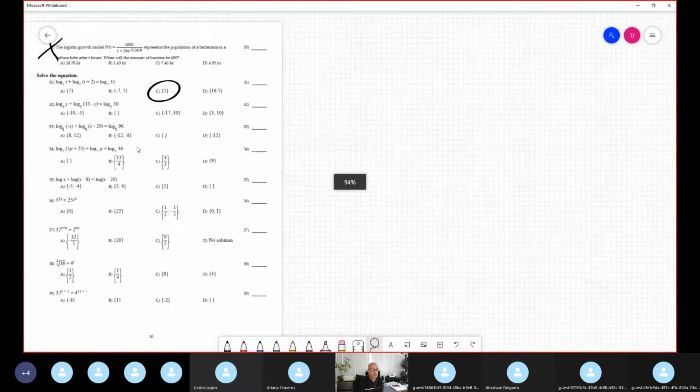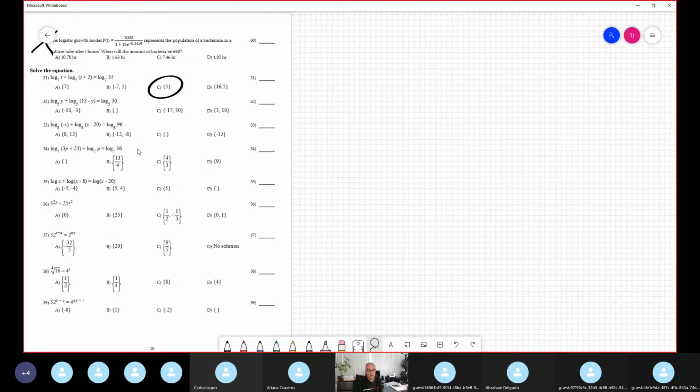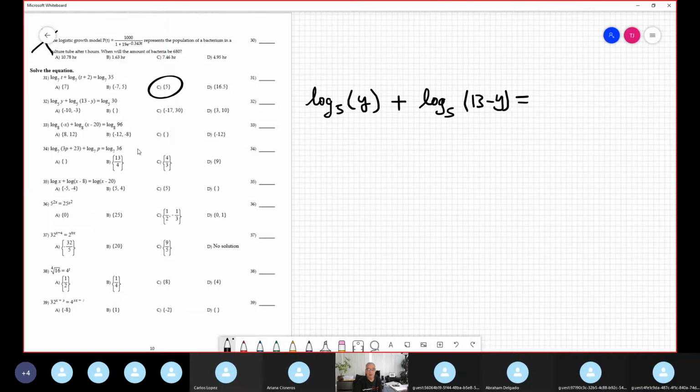This question is another equation: logarithm base 5 of y plus logarithm base 5 of 13 minus y is equal to logarithm base 5 of 30. Okay, exactly the same.